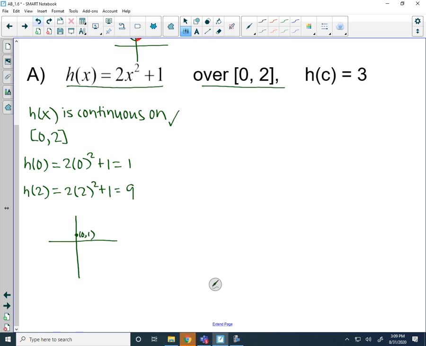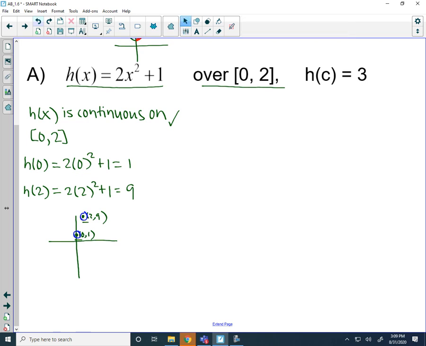And I'm not doing this really to scale, but we know those 2 points on our graph. Furthermore, we know h of x is continuous. So somehow, if I have a continuous function, I don't know exactly what it looks like, but I know I would have to be able to draw the graph from this point to that point without lifting my pencil. There's infinitely many ways we could do that, but I know I have to get from point A to point B without lifting my pencil.